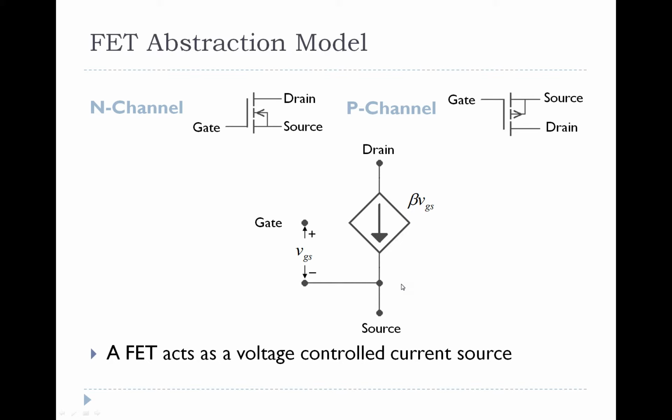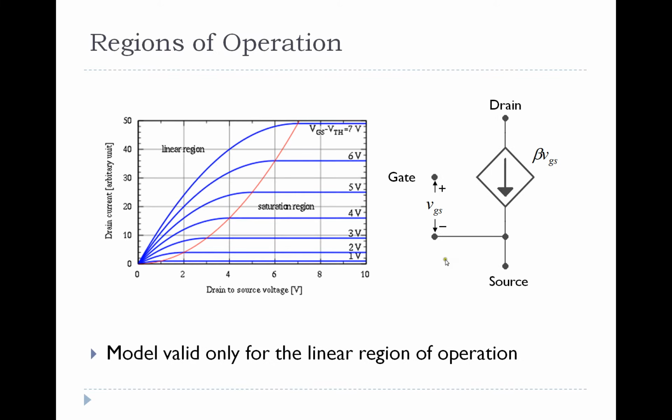Now, of course, as with the bipolar junction transistor model, this model is valid only in a particular region of operation, and that particular region of operation is called the linear region of operation. The linear region of operation occurs, and this is also called the ohmic mode, because the field effect transistor is going to act like a variable resistor, where the resistance depends upon the potential between the gate and the source.